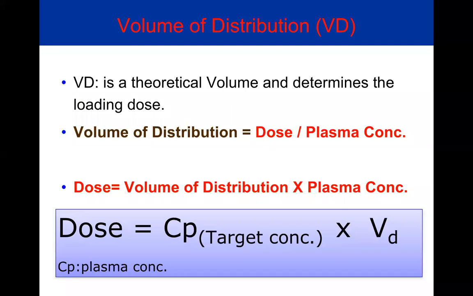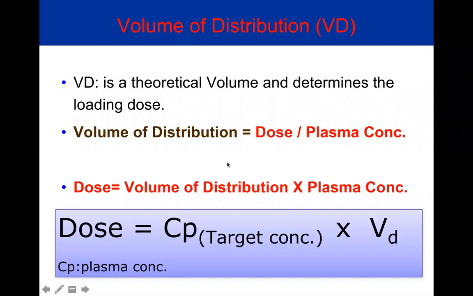Now we are reaching the volume of distribution, which is a theoretical volume and determines the loading dose. The volume of distribution equals the dose over the plasma concentration. So from this equation, we can calculate and conclude that the dose equals volume of distribution multiplied by plasma concentration.